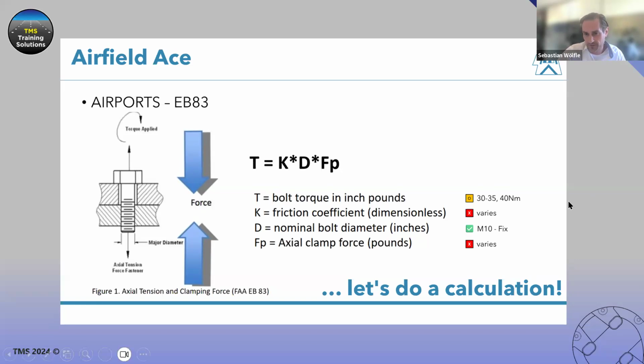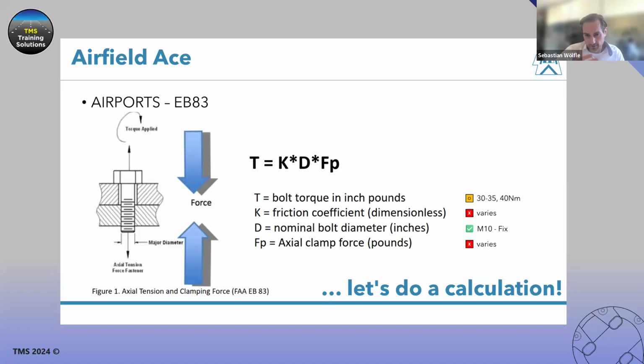I've seen a lot of different torque settings at different airports all over the world, but it's a range of 25 to 40 Newton meter. Friction coefficient, I haven't really discovered a lot about that, except for one study that I did, which I will come to later. We have a nominal bolt diameter, which is a fixed value for the M10. It's easy. And we have the axial clamp force, which is the final target of what we want to achieve with this torque input.